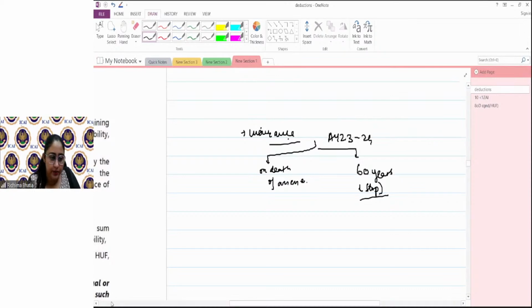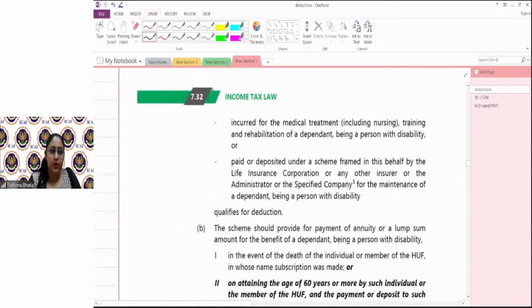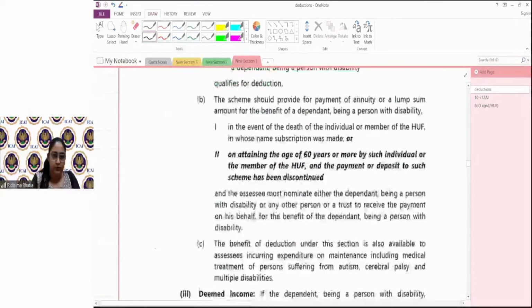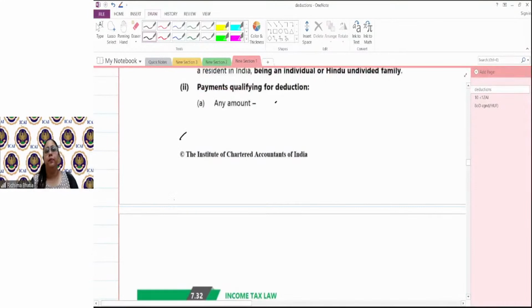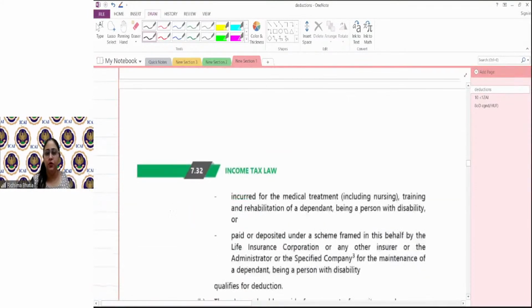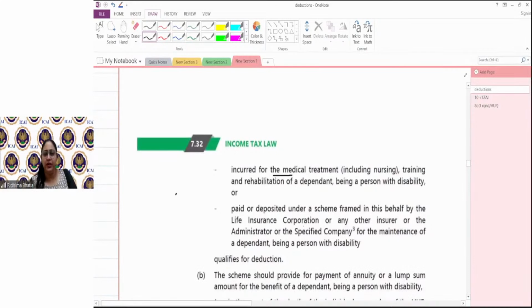So if I make you read here, payments qualifying for deduction: any amount for medical treatment, including nursing and rehabilitation and training, etc., or any amount deposited under a scheme of LIC or any other insurer for the maintenance of the dependent being a person with disability.